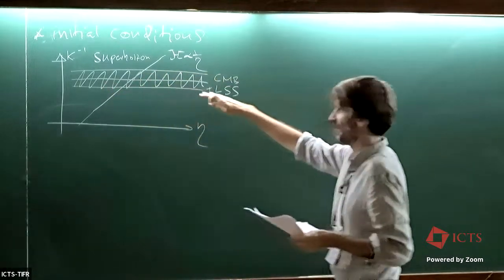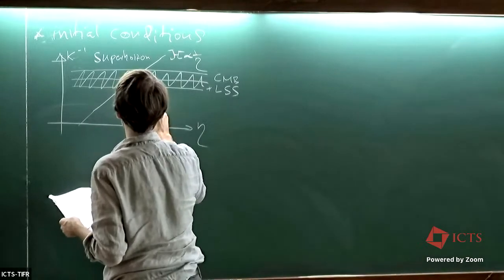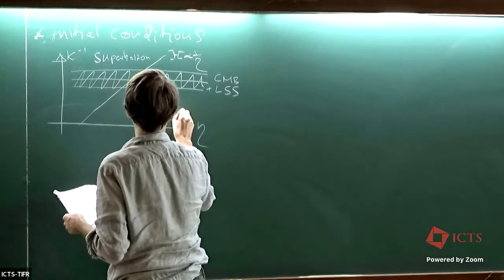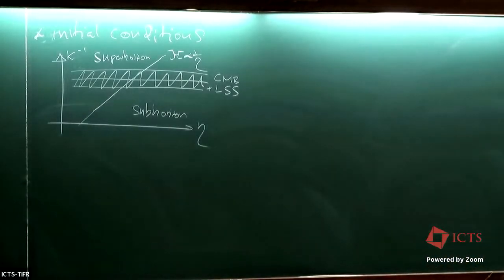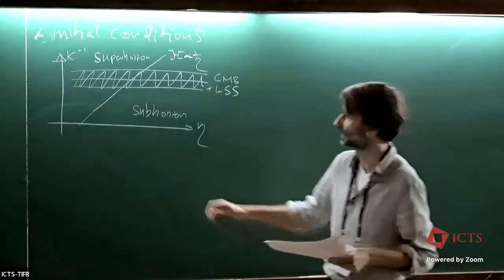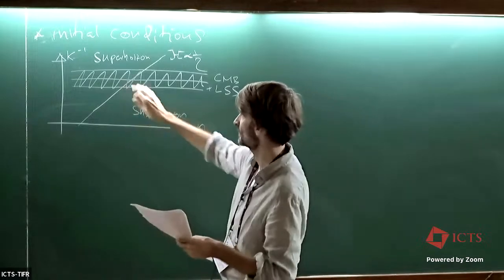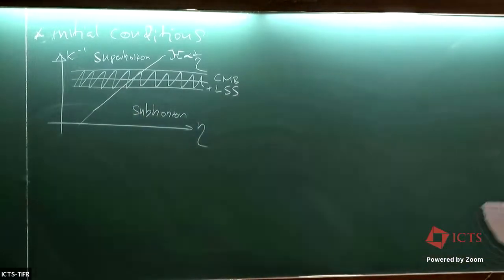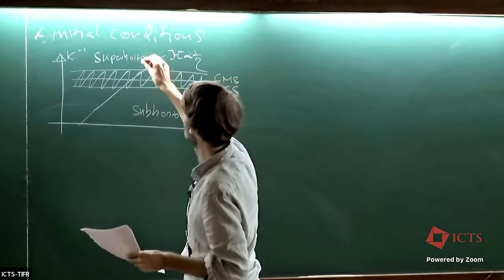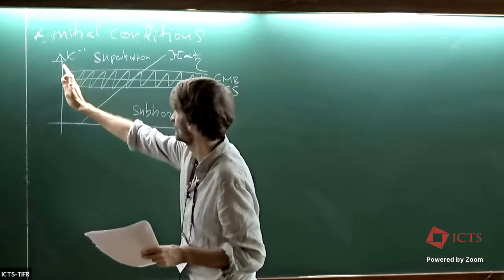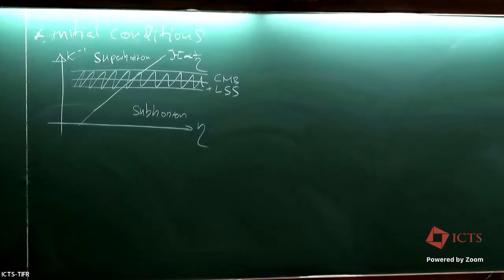And they all must have entered the horizon at some point, so we observe them as sub-horizon modes. So this is one important observation. In other words, when we think about initial conditions, we think about super-horizon modes, because these are the modes we are interested in, the ones that have been super-horizon at early times.